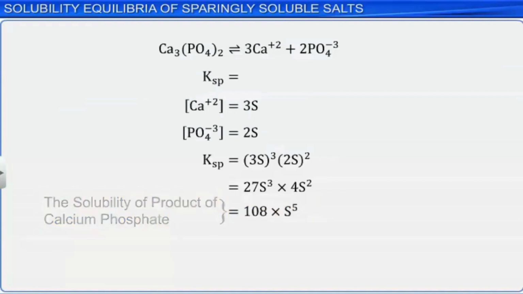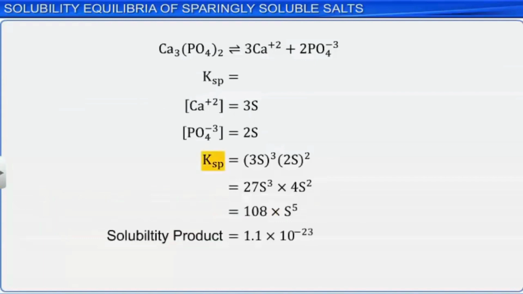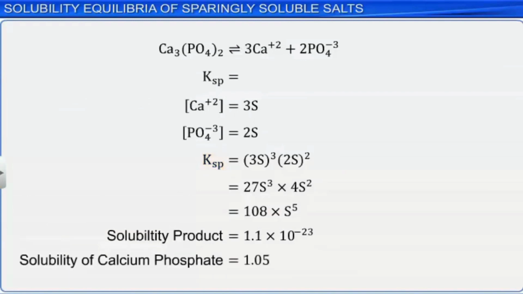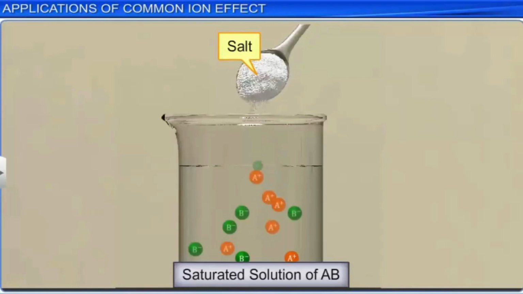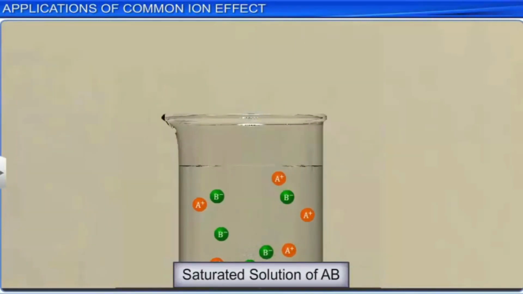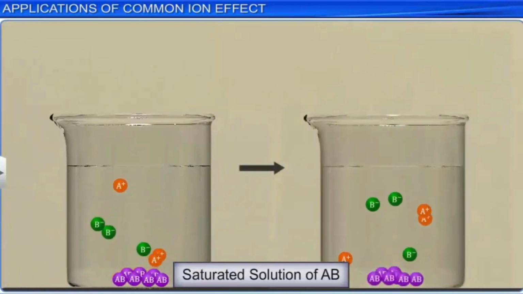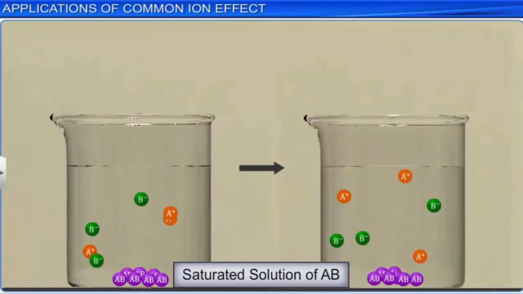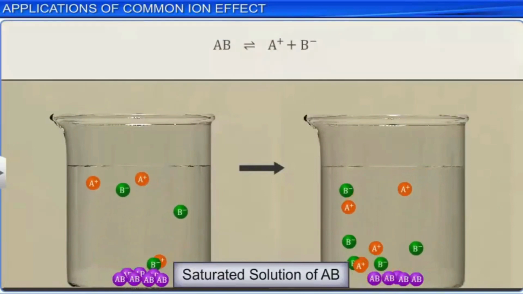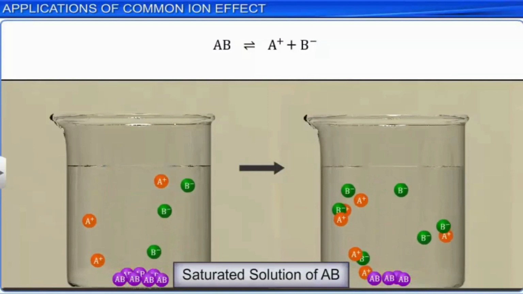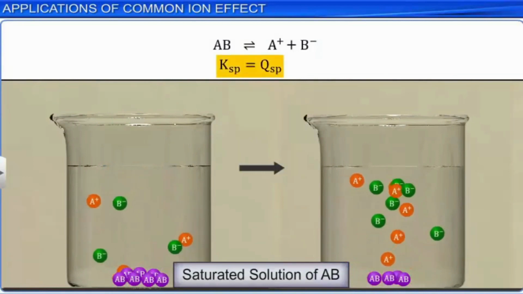If the solubility product Ksp of the salt is known, then the solubility of calcium phosphate is equal to 1.05 multiplied by 10 raised to the power of minus 5 mole per liter as shown. You have learned that in a saturated solution, if the concentration of any one of the ions is decreased, then, as per Le Chatelier's principle, more salt dissolves and the equilibrium shifts towards the right till Ksp becomes equal to Qsp.